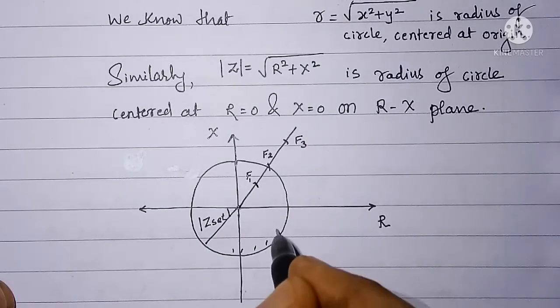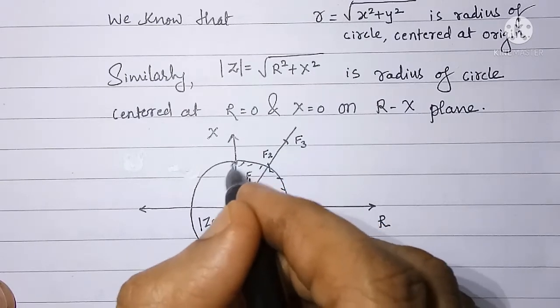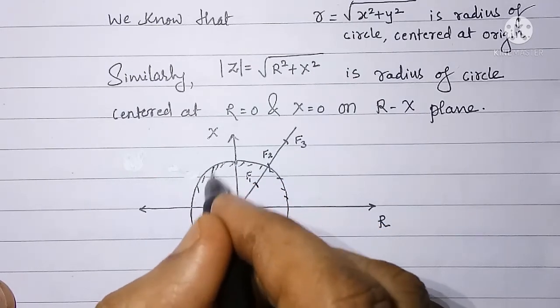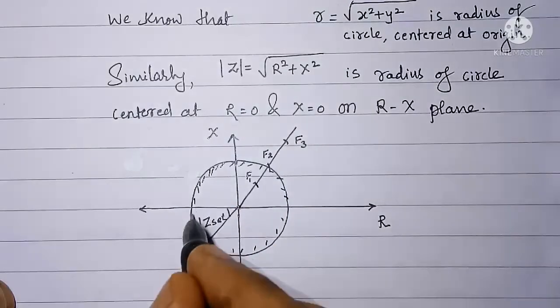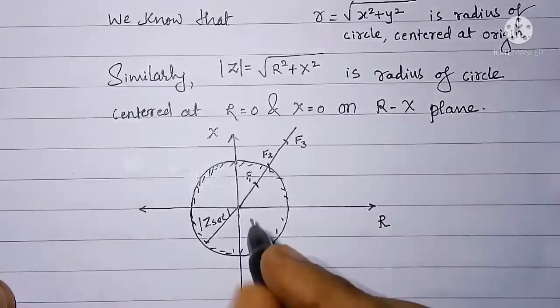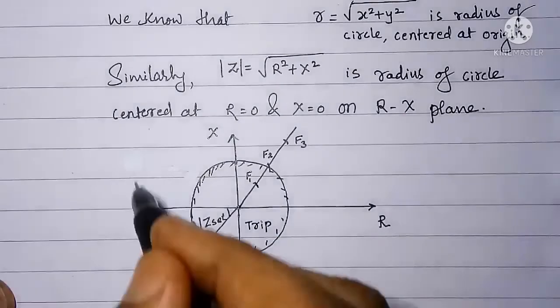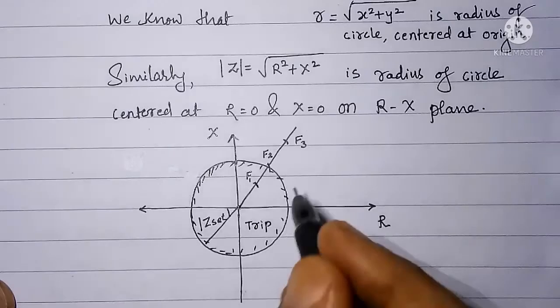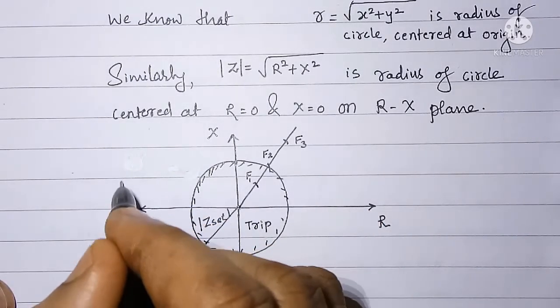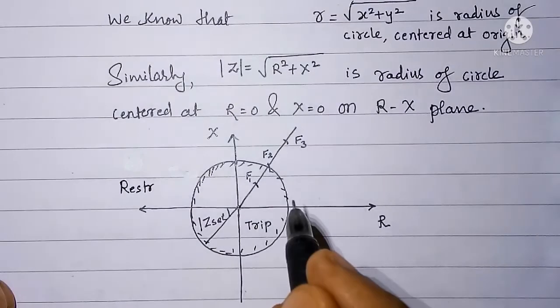Inside the circle we are now having trip region. So this is trip region. Outside the circle we are having restrained region. Anywhere outside the circle, okay?